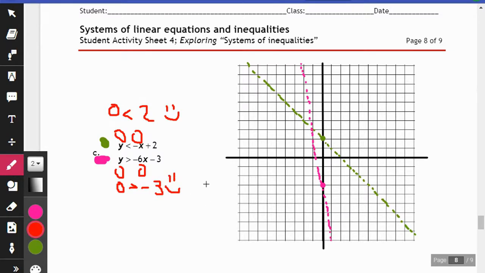So 0, 0 is on the proper side of both of them. So the pink one, 0, 0 is right here. So I'm going to be on this side of the pink guy. And I'm going to be on this side of the green guy, 0, 0 side.